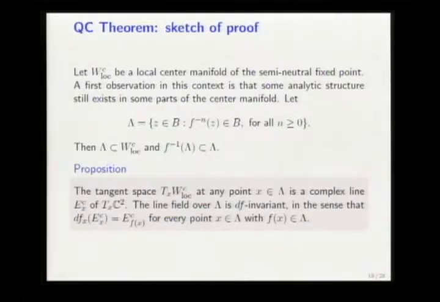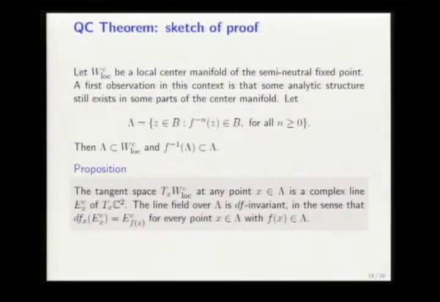Very brief fast forward. You take your favorite center manifold, and the most important observation is the following. Some holomorphic structure still exists in the center manifold. You look at Lambda, the set of points that do not escape the ball under backward iterations.